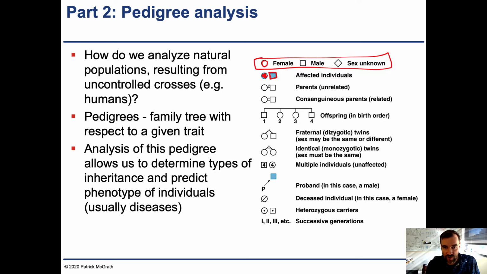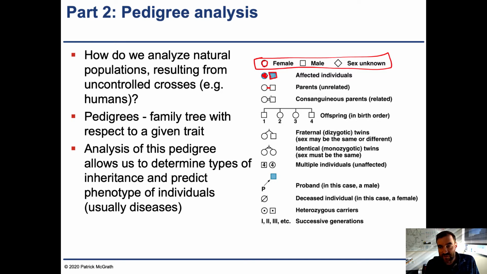Parents, so two individuals, could be married or unmarried. If they have offspring, then that is indicated by a solid horizontal line in between the two individuals.